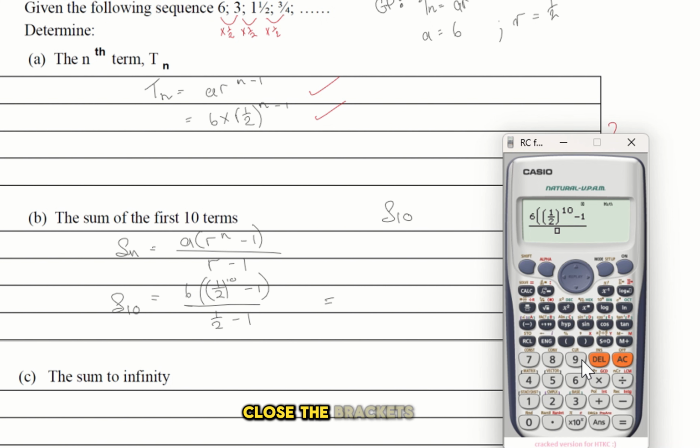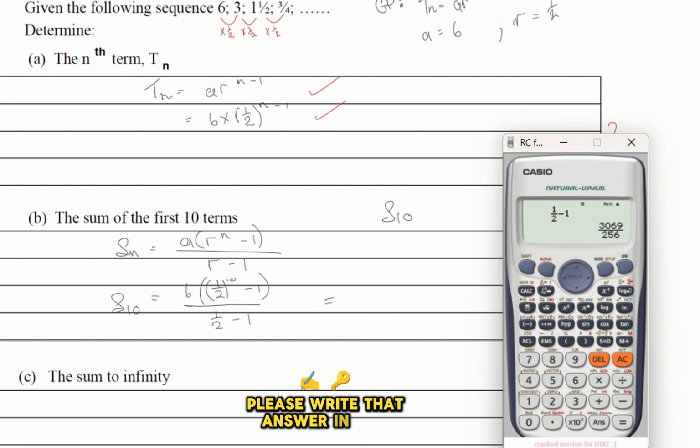Very important to close the brackets, otherwise you might get wrong answers, or it might say error because a parenthesis is missing. And then I'm going to say 1 over 2, I hope you are following with me, minus 1, like that. And then I get that answer, and I would encourage you to write that answer in that form, because you might use that answer in a next question.